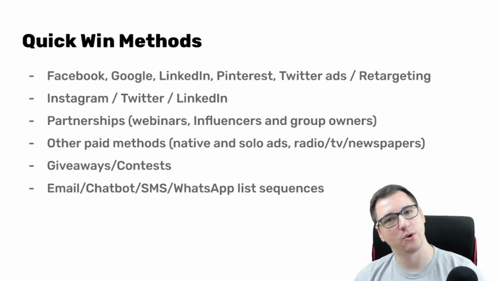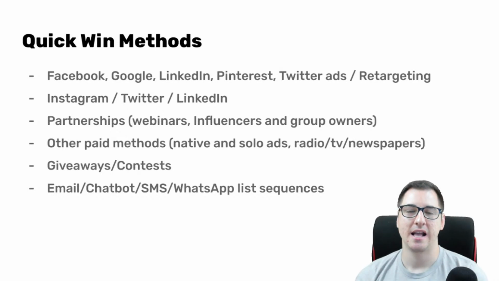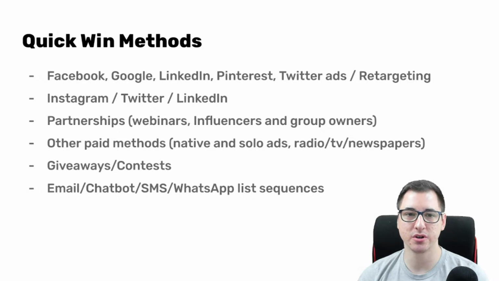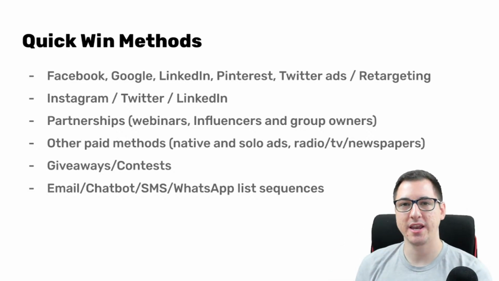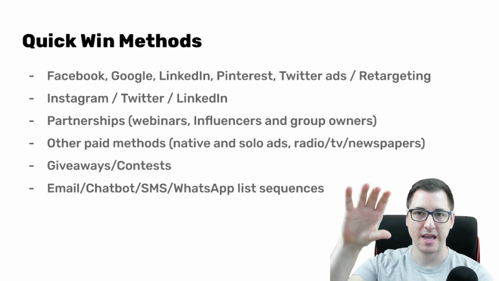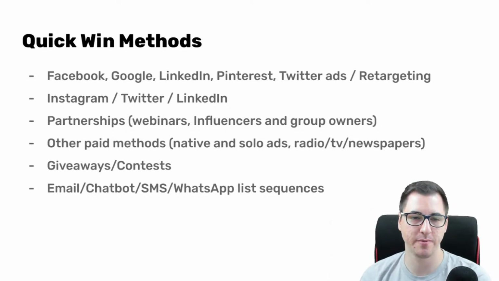So the difference between quick win methods and the evergreen methods is that quick win methods are short-term promotions. Whenever you put in a Facebook post, or whenever you're doing any kind of organic outreach on platforms like Facebook, LinkedIn, Twitter, your post gets lost very quickly in the sea of other new posts that are coming up.